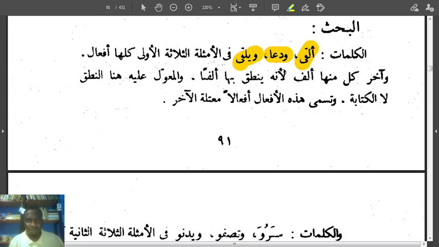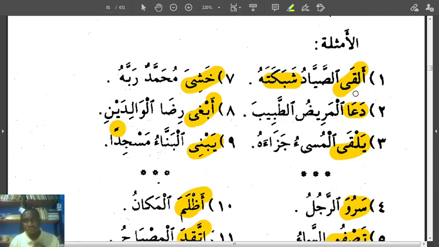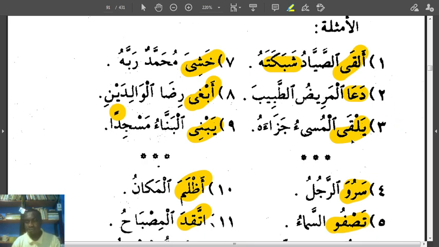So these verbs, and for the record, these verbs look close. Alqa and yalqa. Alqa is he threw. That is the root of the verb, alqa. But yalqa has been converted to the present tense, and the root is not alqa.